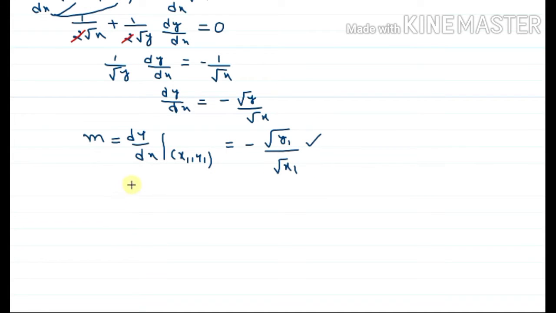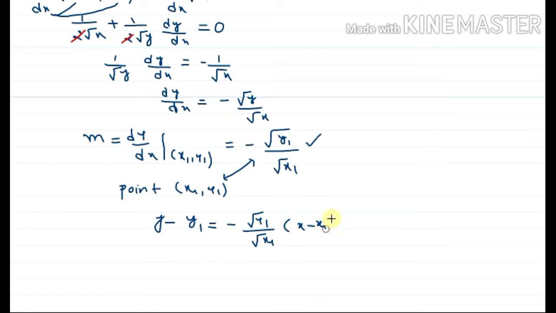So m is there, already the point is given, (x1, y1). So when the point and slope are given, for the equation of the tangent, substitute in the given equation: y minus y1 is equal to minus root y1 divided by root x1 into x minus x1.